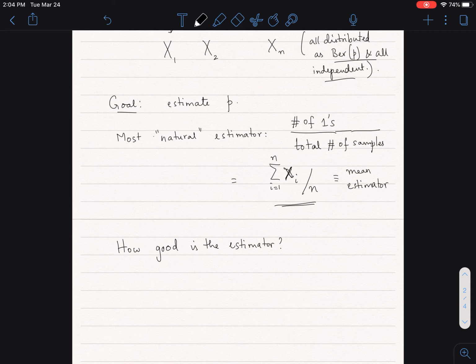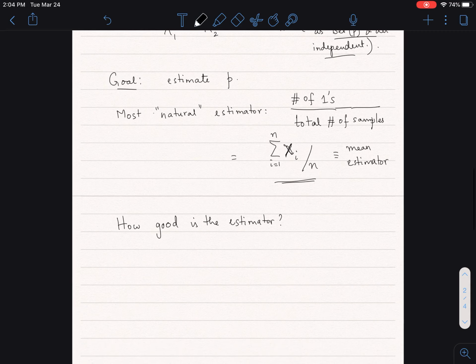Okay. So let's see a few examples. For example, let's consider n equals 2. And for concreteness, let's assume that p is some value, so let's say it is 0.1.